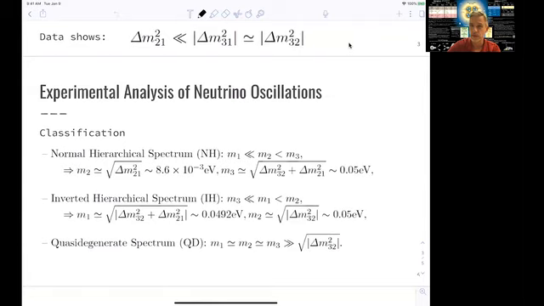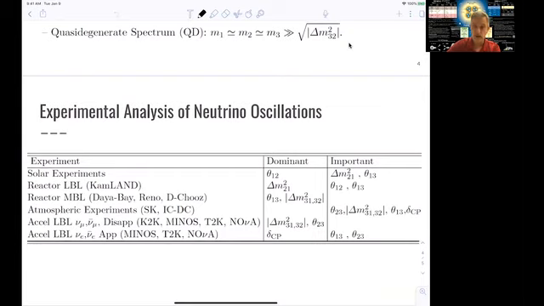So really small masses. For the inverted spectrum, the story is slightly different. Here we find that m1 is about 0.05 electron volts, which is similar to the square root of the mass splitting between 3 and 2, which is also 0.05 electron volts.